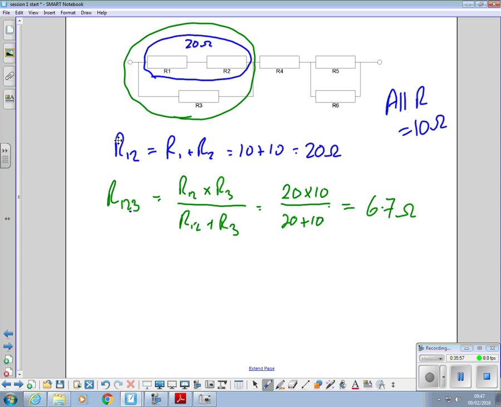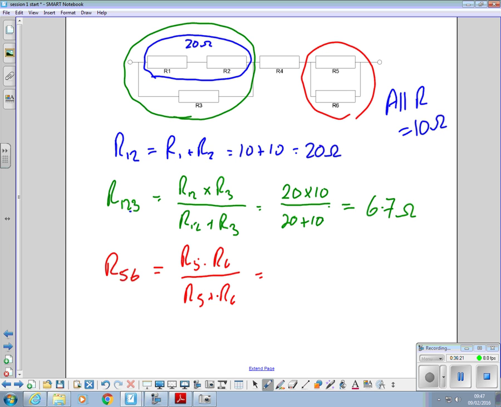We can do R5 and R6. We'll do that in red. So we're going to parallel those two up. Product over sum again: R5 times R6 over R5 plus R6, 10 times 10 over 20. Well spotted.